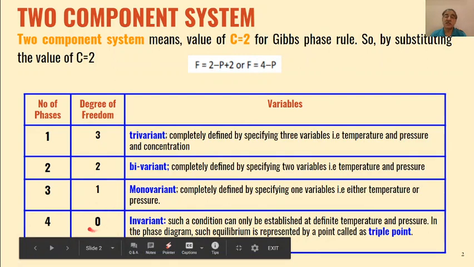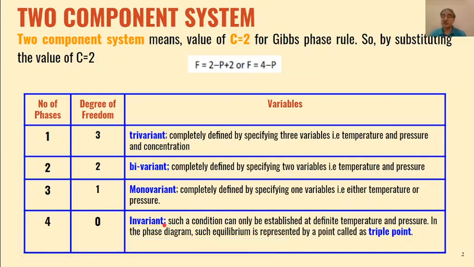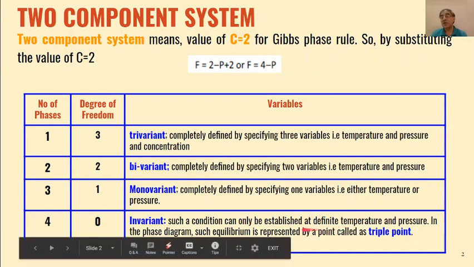That means at such a point in a two component system where the number of phases is 4, the system will be invariant. So at that point there will be a definite value of temperature and pressure, and such a point will be called a triple point or quadruple point or eutectic point, depending upon what kind of two component system we are using.